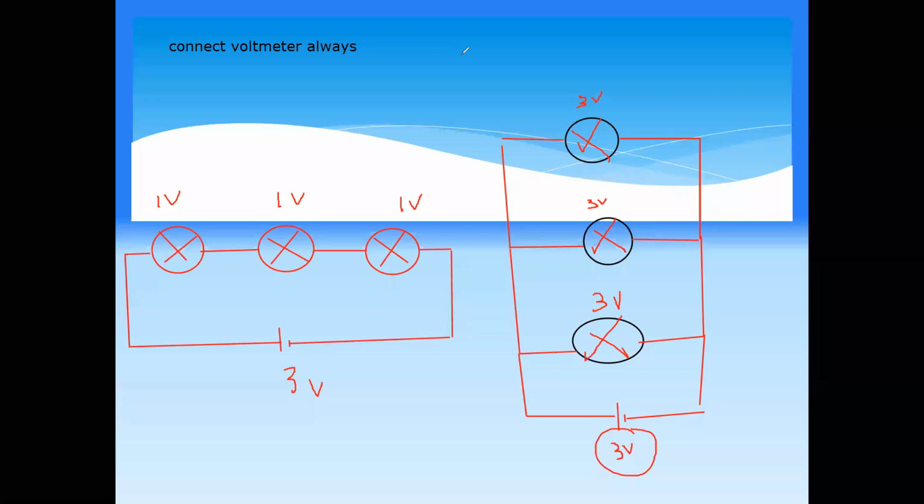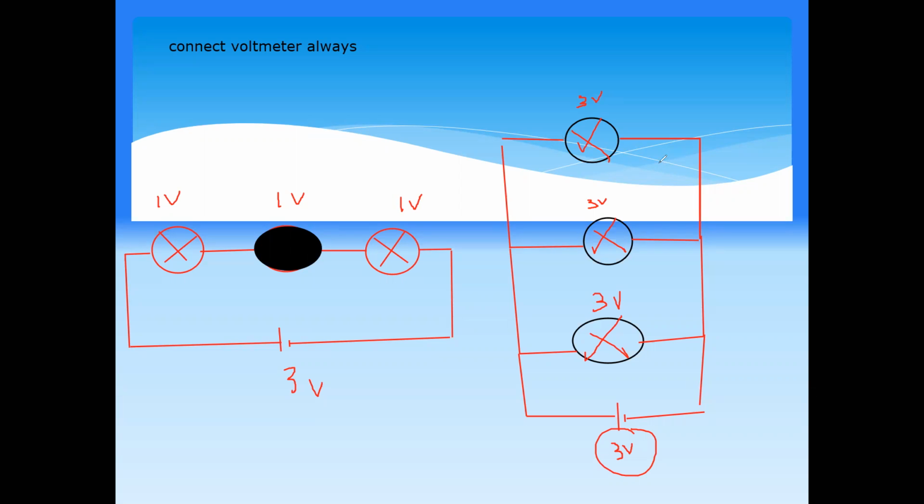For example, if this lamp filament is broken, the whole circuit will break because the charges do not have a path to flow. If the charges do not have a complete path, they will not even come out of the battery and will remain inside the battery. So the disadvantage of a series circuit is that if one component is faulty, all the other components will stop working.